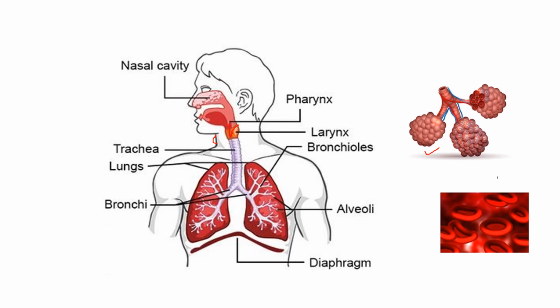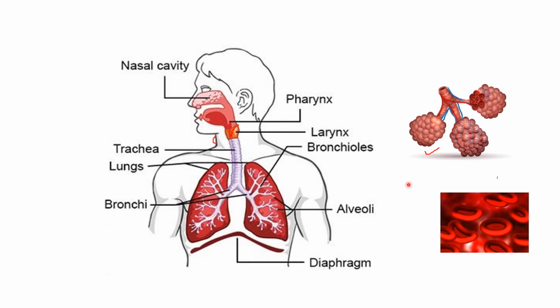And when this oxygen reaches the blood, it diffuses into the blood capillaries, and from these blood capillaries, the blood carries the oxygen to the different parts and to each and every cell of the body. And in each and every cell of the body, you know that mitochondria is present, and here this oxygen acts on the food.